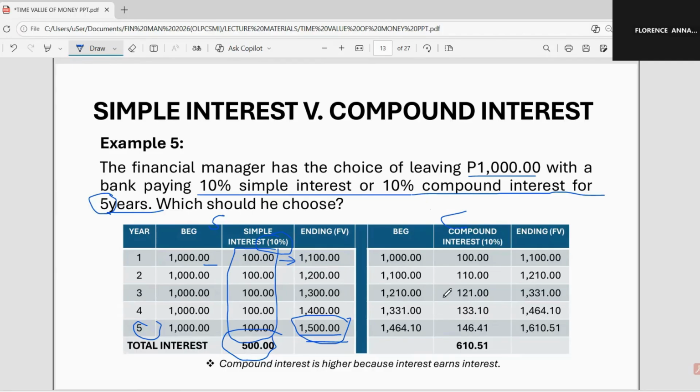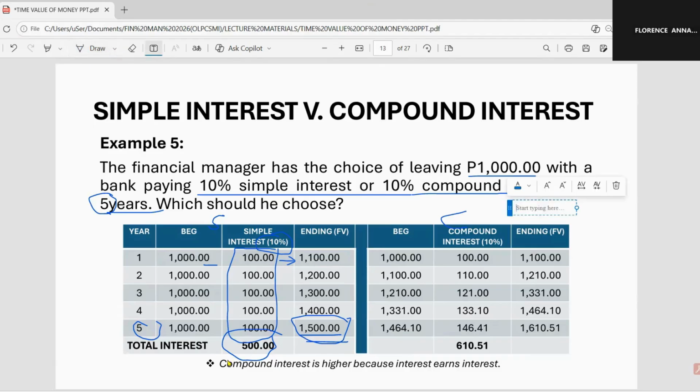So let's try it in a formula. That is your FVN is equal to your P0 times 1 plus interest raised to N. Diba? Ganyan yung ating formula.